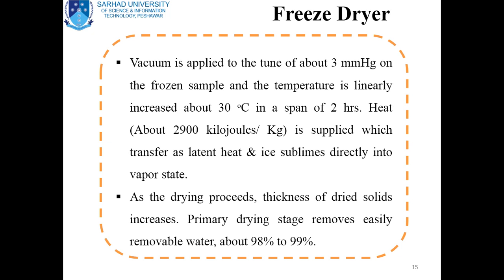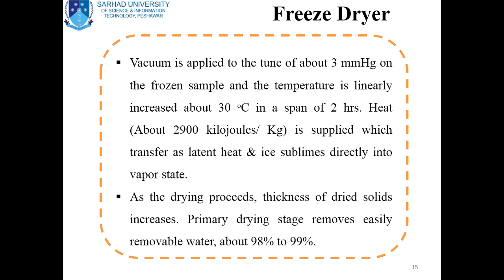Heat, about 2900 kilojoules per kg, is supplied, which is transferred as latent heat energy, and the frozen state of the liquid water, that is ice, sublimes directly into the vapor state. As the drying proceeds, the thickness of the dry solid increases.